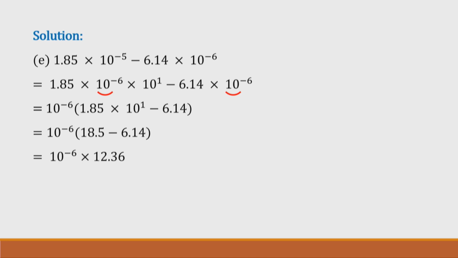Evaluating, I get 10 power negative 6 times 12.36. Now this is not in standard form, so I have to rewrite it as 10 power negative 6 times 1.236 times 10 power 1, or simply 10. Using the multiplication law of indices, I finally get 1.236 times 10 power negative 5.